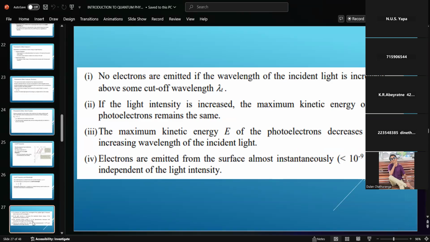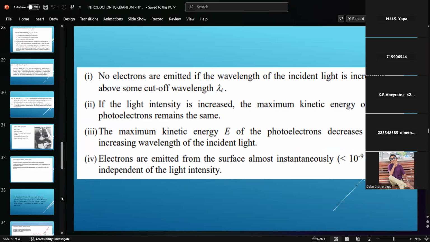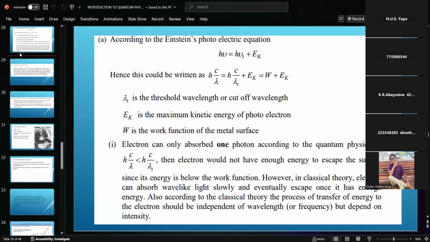The explanation given here, you can see, right? Everything here, the threshold wavelength. So the electron would not have enough energy to escape the surface since its energy is below the work function.